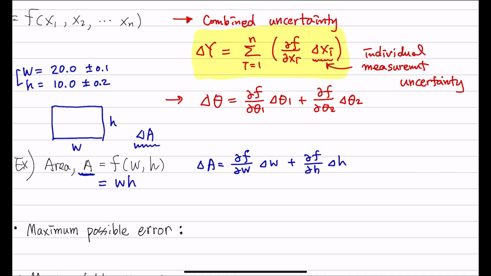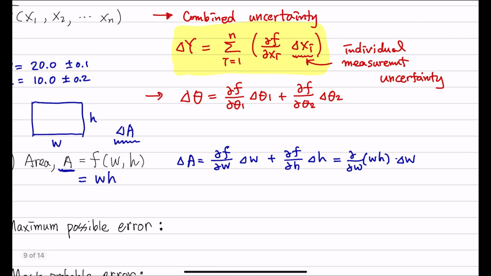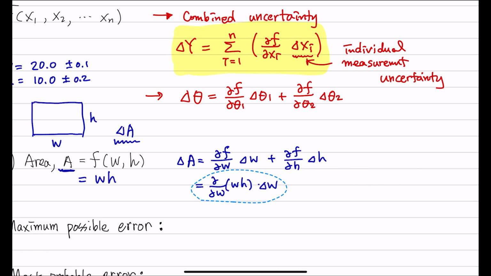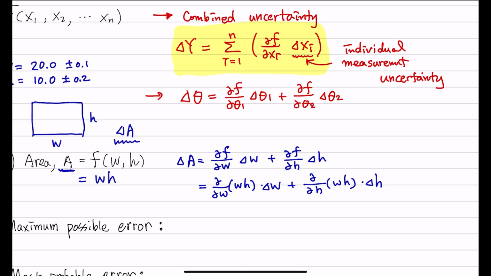So the function here shows the relationship between W and H to obtain this A, which is just multiplying those two. Okay, so if we write this thing one more time, this is del WH over del W times delta W. Plus del WH over del H times delta H.